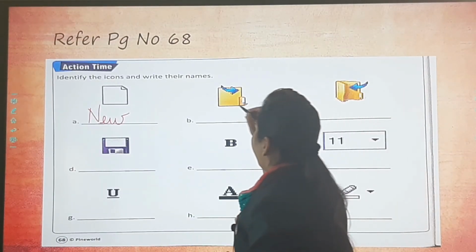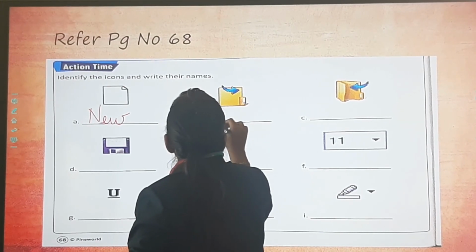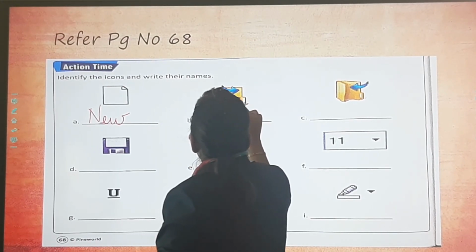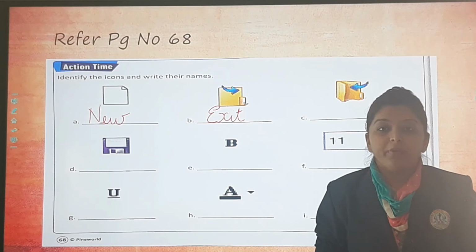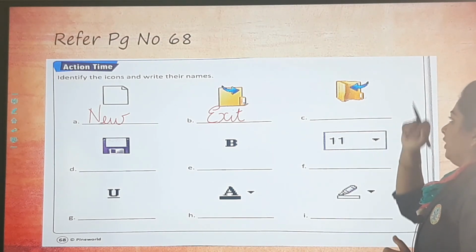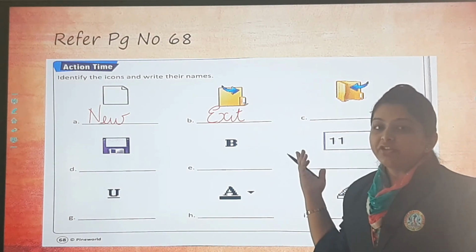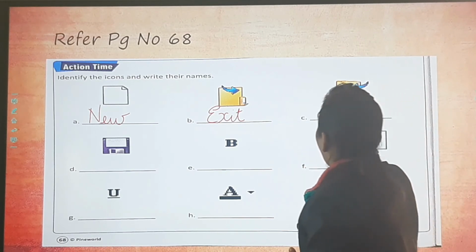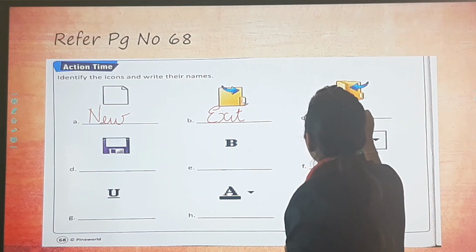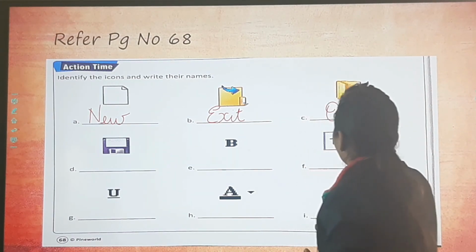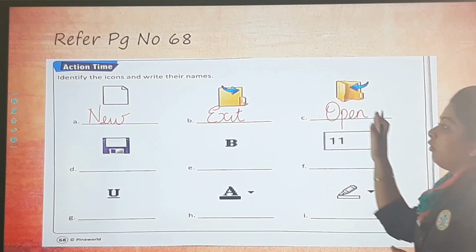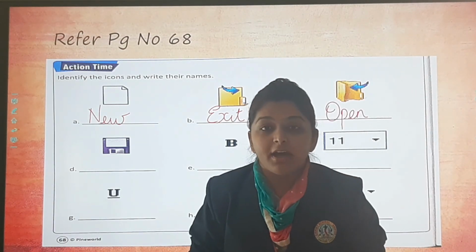This is the exit. So here you will write Exit. Understood? The third one. Which icon is it? It is open. So in this way you will complete your action time.